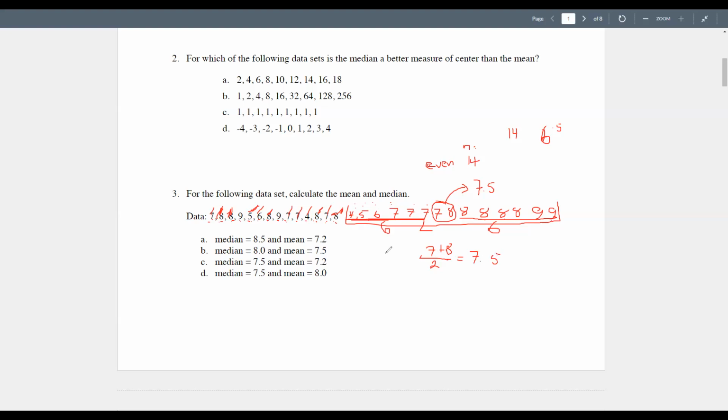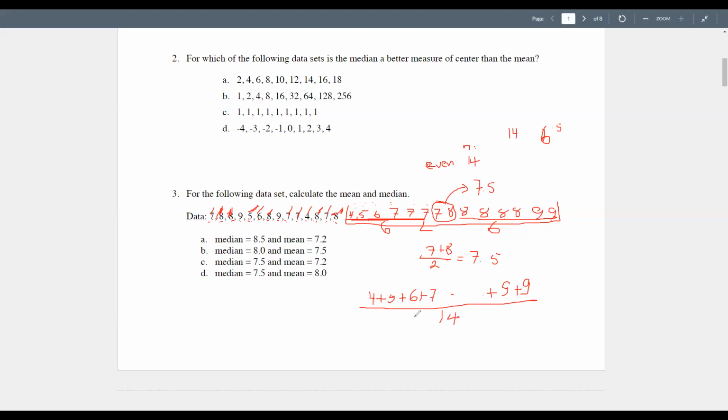Okay, and then we need to find the mean. Now that's the median. So to get the mean, I need to add all of these numbers together and divide by 14. I do have 4 plus 5 plus 6 plus 7, etc., plus 9 plus 9, and divide by 14.